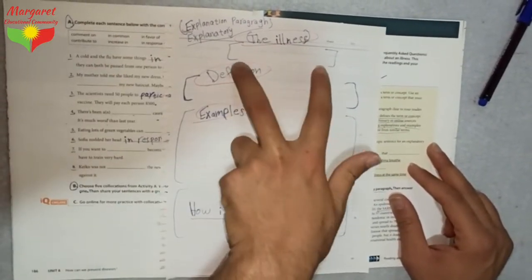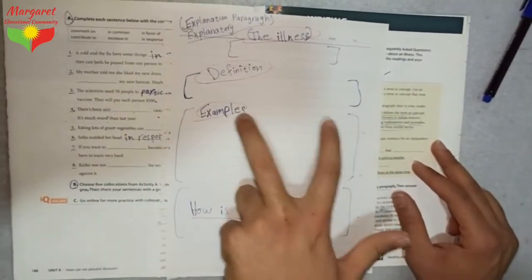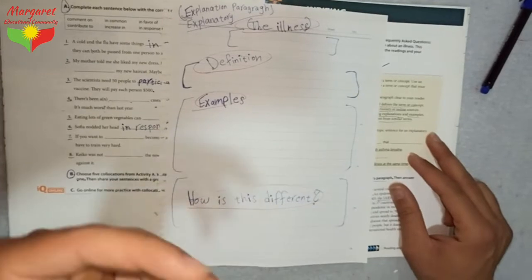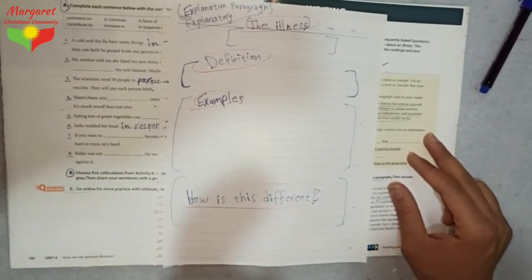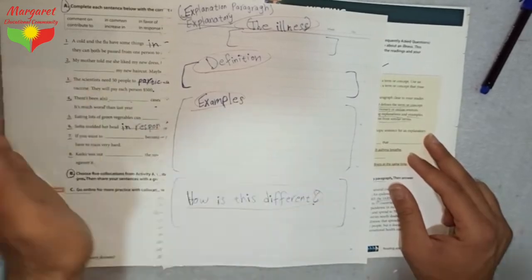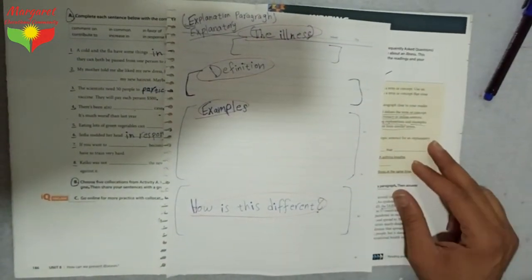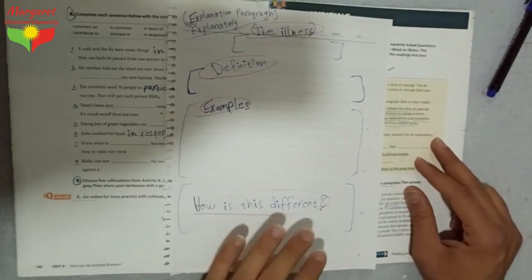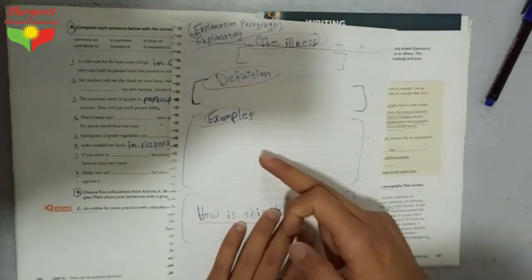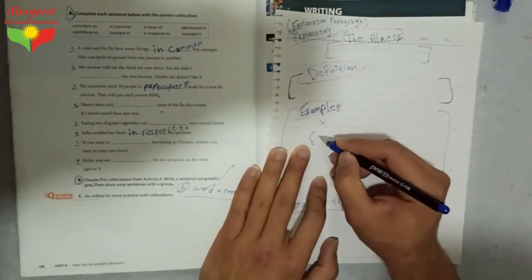You write down the name of the topic or the name of the illness above. After this, you come to the definition. You write a definition of the topic, whatever the topic is, whether it's an illness or a word or a phrase or a topic about anything. Then you come to using examples or explanation.